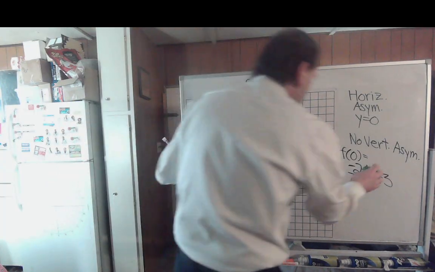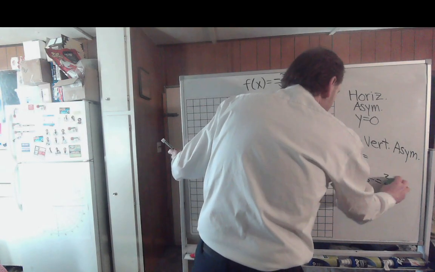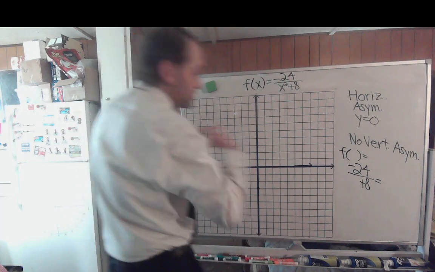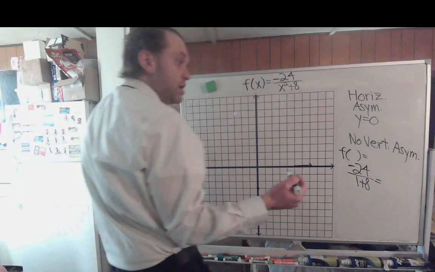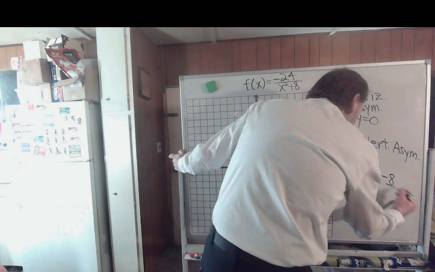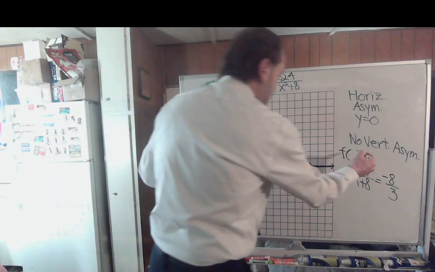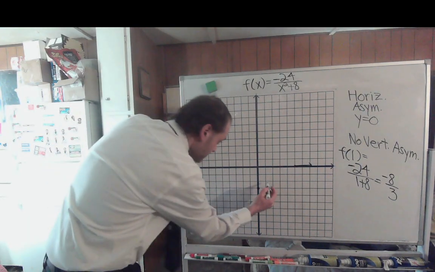Now, why don't we go for f of 1? Well, let's see. 1 to the second power is still 1, so that'd be negative 24 over 9, which would be negative 8 thirds. You would end up at negative 8 thirds for f of 1. So that'd be negative 2 and 2 thirds.